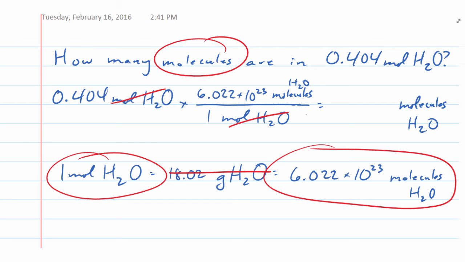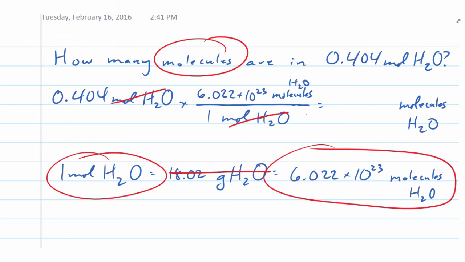I'm going to take 0.404, multiply this by 6.022, then you find that EE button, which on my calculator is right down here. Some of you have to hit that second function, and then I'll put in 23. So remember, it's not times EE, it's simply press the EE button or EXP button, and then the 23.